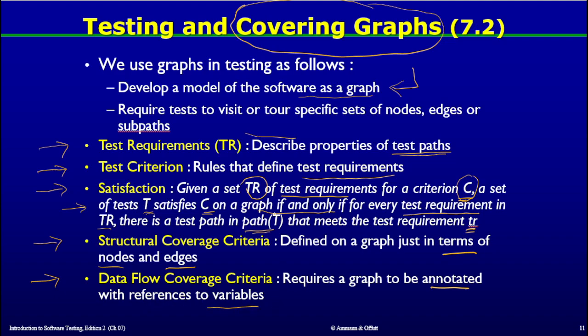And what do we mean by that? We define variables, and we have the uses of those variables. So this kind of graph will be annotated where a variable is defined and where a specific variable is used, and then we try to find what sort of definitions of the variables reach which uses of that particular variable.